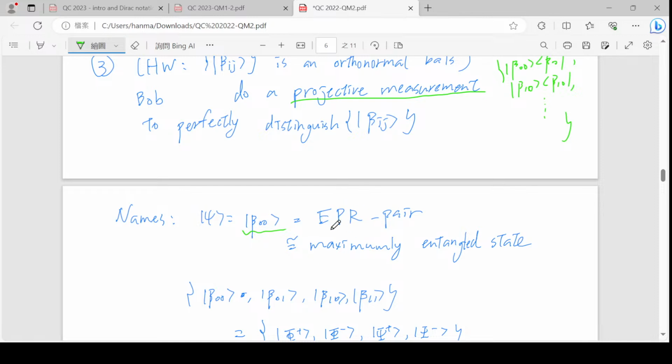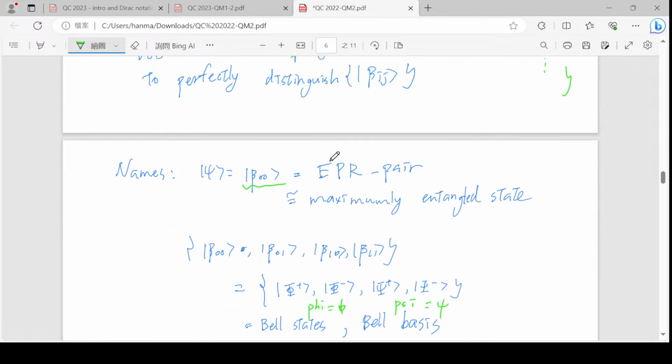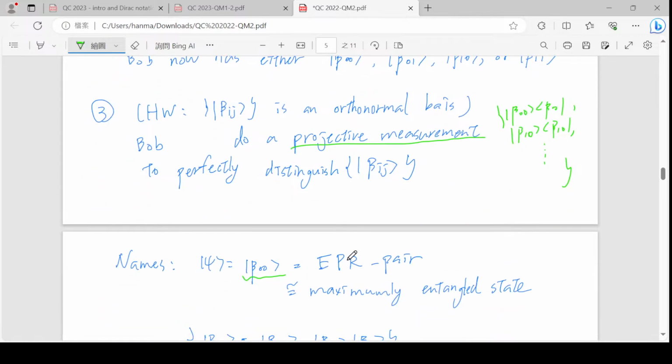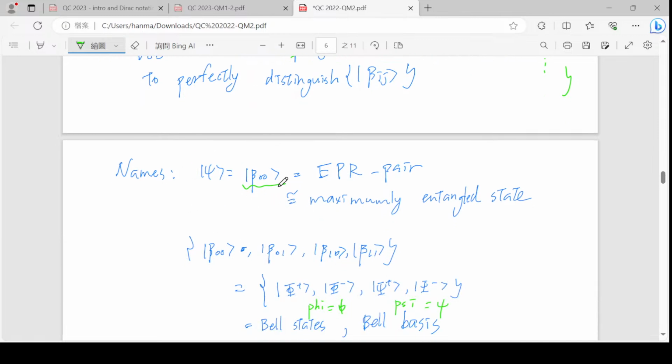And they are called EPR pair. EPR stands for 3 physicists, and E is Einstein. It's a little confusing, because I think the EPR pair is actually beta 1,1. But anyway, those 4 are really similar, so beta 0,0 we sometimes still call the EPR pair.